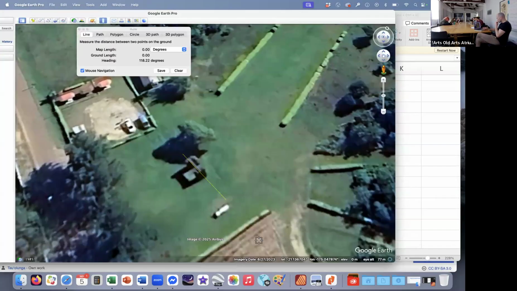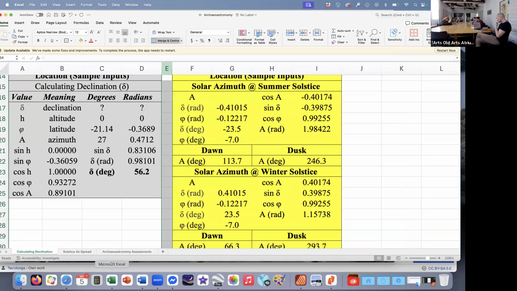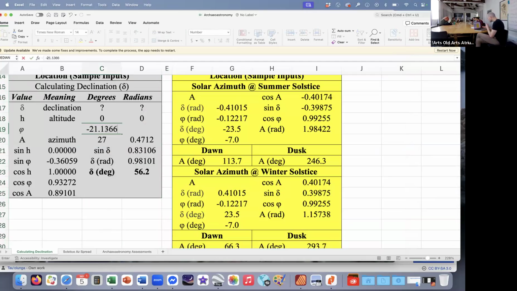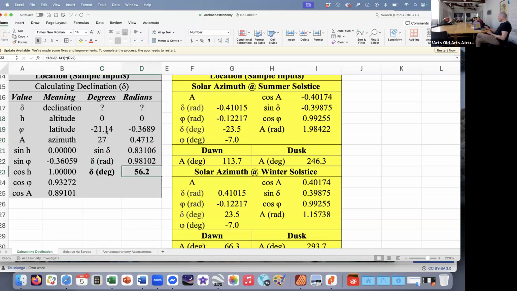What did I say it was? Minus 21.1366. And what did you calculate for your azimuth? 2.049 radians. Converting it back to degrees, 117.27, right? That's what I got for this one. That gives me a declination of around 56 degrees. Minus. Right.